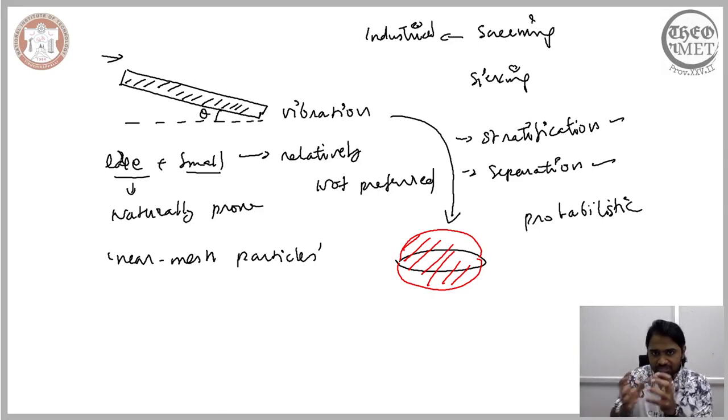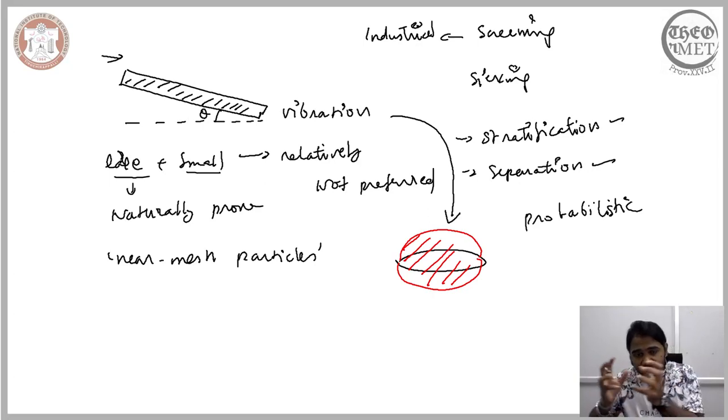When you have a process that can only be described in a probabilistic manner, one consequence is that it is difficult for us to say that when a mixture of particles is fed into the screening process, the particles of size less than a particular value will be completely separated from the particles of size greater than that value.